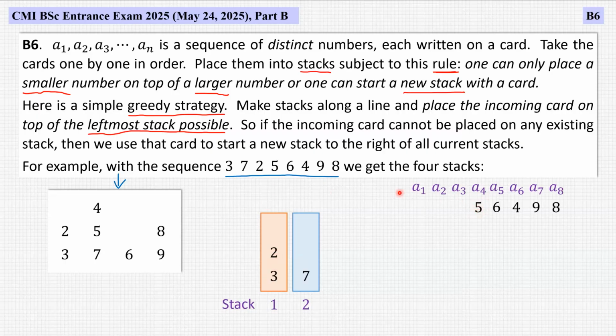And as for 5, it cannot be placed on top of 2, but it can be placed on top of 7, hence it goes to the second stack. And we go on and on. So 6 forms a new stack because it cannot be placed on top of 2 or 5. 4 goes to stack number 2. 9 forms a new stack. And 8 goes into stack number 4.